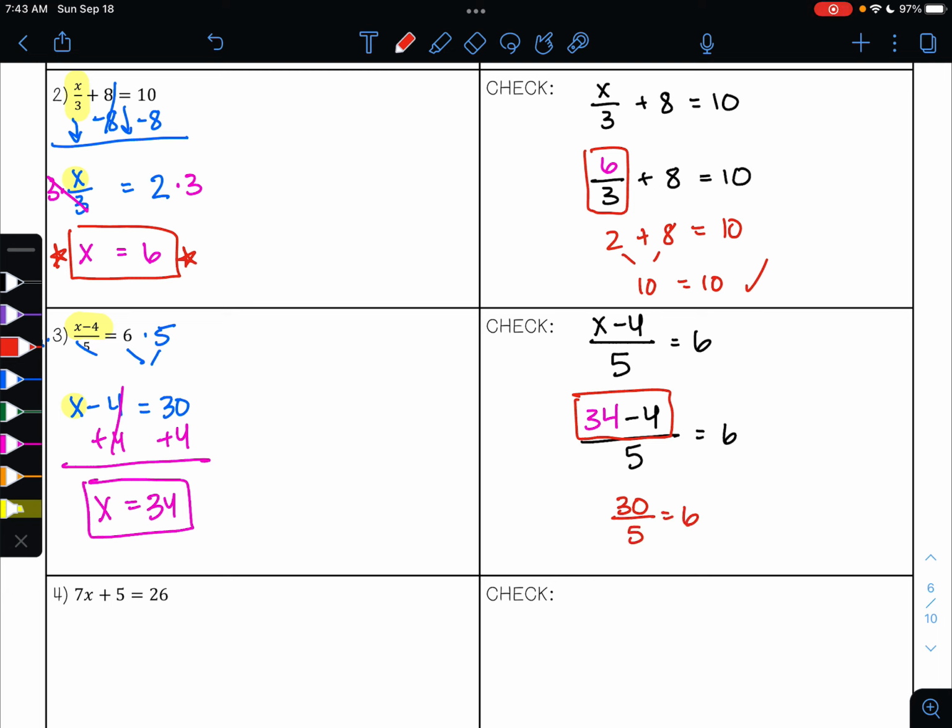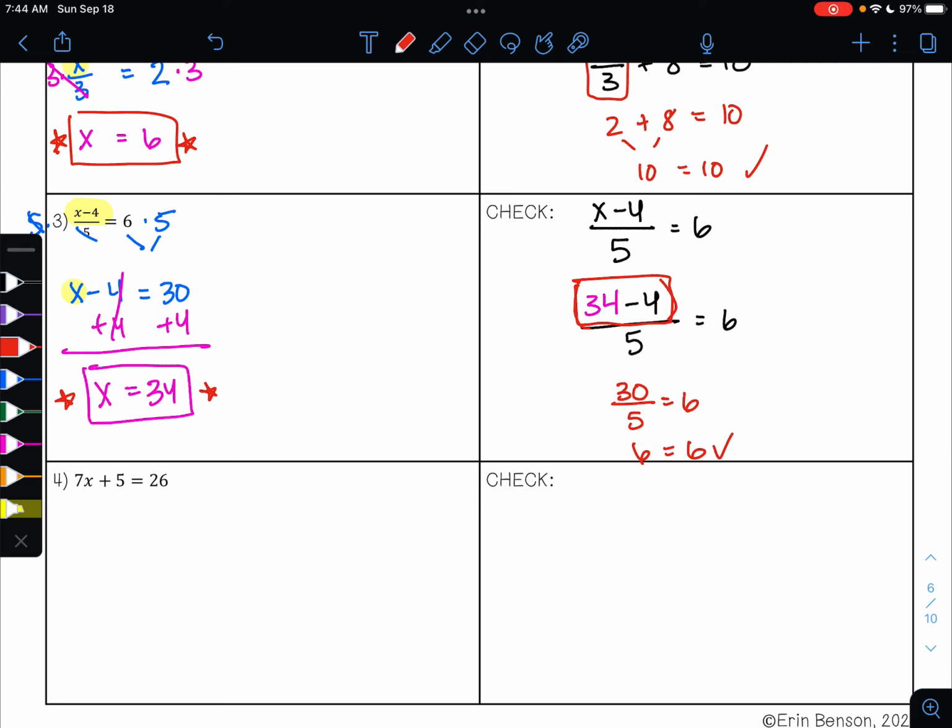The reason why I do 34 minus 4 first is because this is all grouped together in that numerator. And so grouping or parentheses is what happens first with the order of operations, which is why you have to do that before you divide. 30 divided by 5 is 6. Does 6 equal 6? Yes, it does. So 34 is our answer.